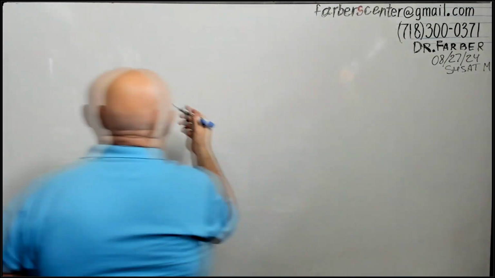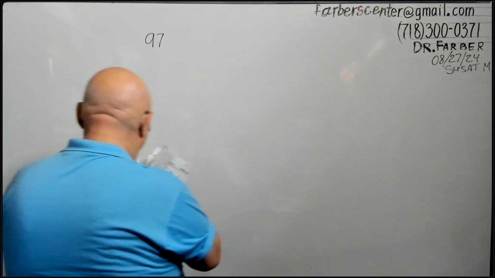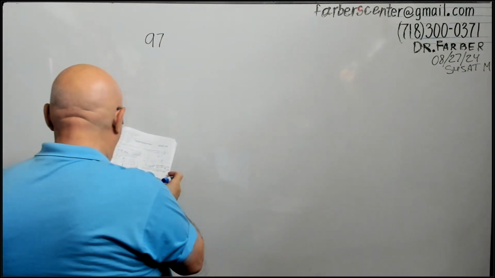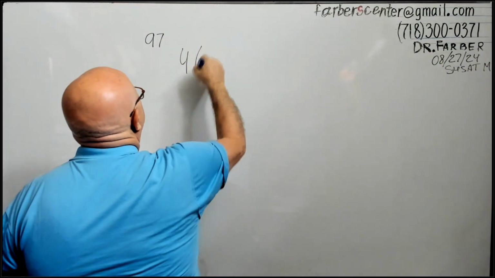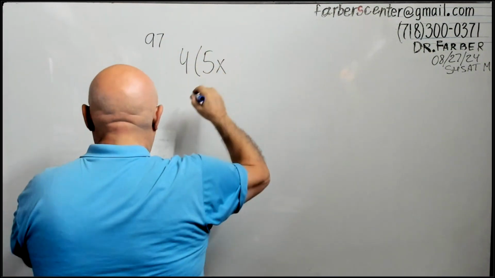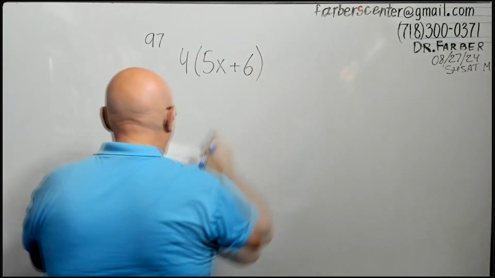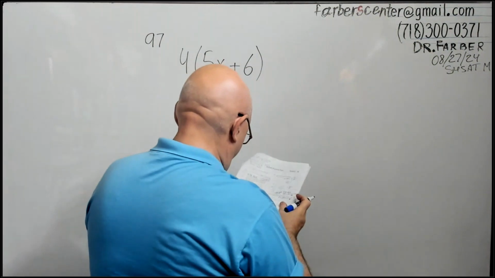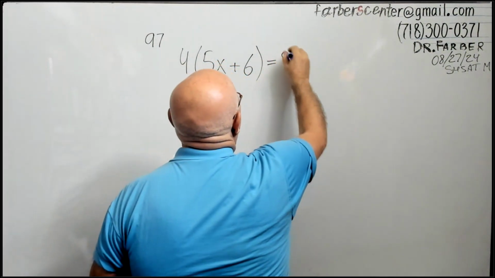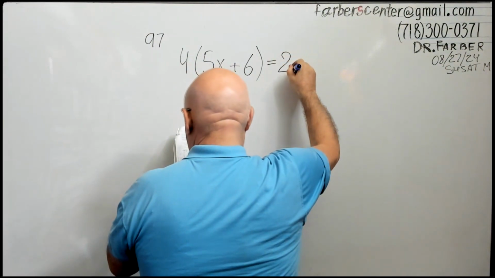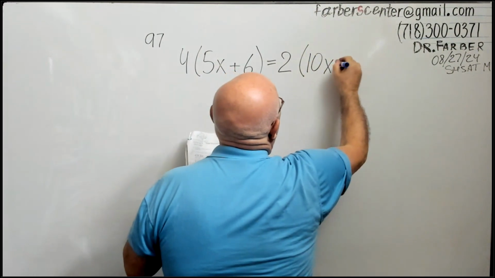In 97, 4 times (5x plus 6) equals 2 times (10x plus 12).